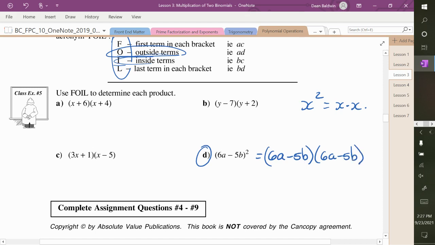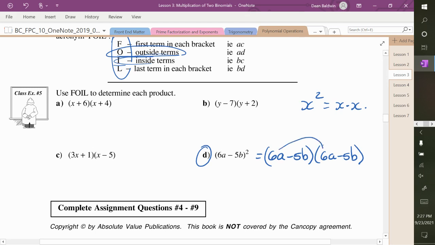So when you see two terms separated by a minus or an addition sign, write it out like this. And then when you see that, what do you need to do? FOIL it. Okay? So we're going to FOIL this right now.